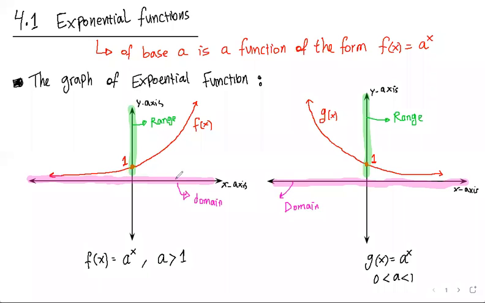So the x-axis is my horizontal asymptote. The equation for the x-axis is y equals 0.